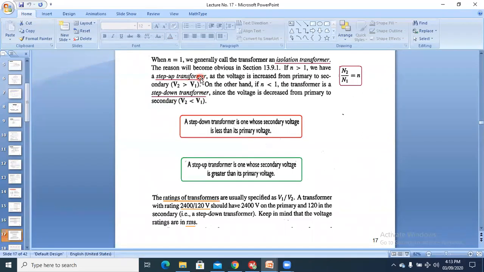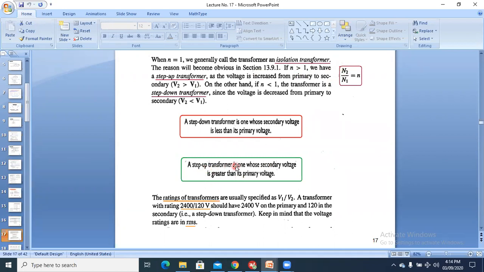The step-up transformer has a higher voltage in the secondary coil compared to the voltage in the primary coil, and the turn ratio would be greater than 1 because N2 is higher to keep V2 higher, and that is the step-up transformer.